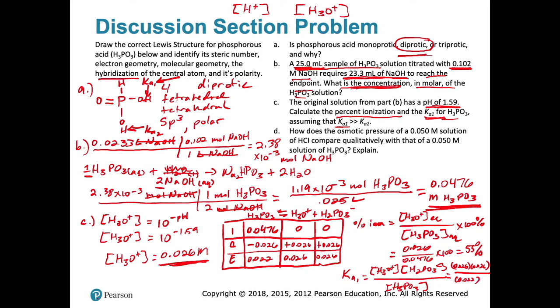Divided by 0.022. Because remember, when you get down to this equation right here, this is called the equilibrium expression. The Ka is called the equilibrium expression. So the only numbers that should be going in here are the numbers from the equilibrium line of the ice table, right? Does that make sense? Equilibrium expression, numbers only from the equilibrium line. The only reason we make an ice table is to get to these numbers down here. I know this is a long problem.